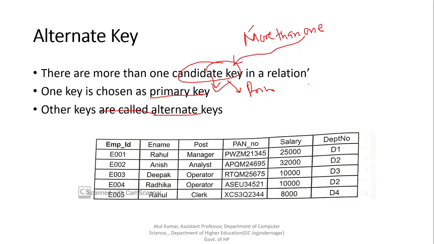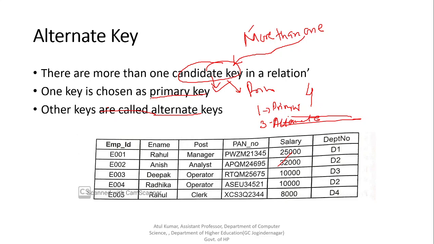Suppose in a relation we have 4 candidate keys, so one is taken as the primary key and the 3 that are left are called alternate keys. That is the definition of alternate key.